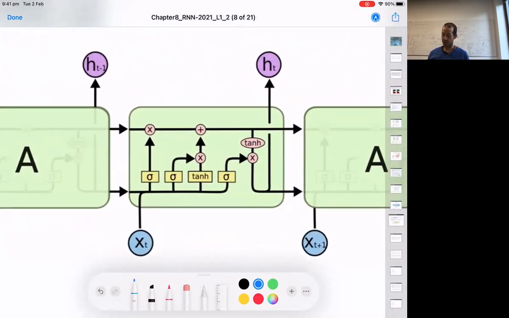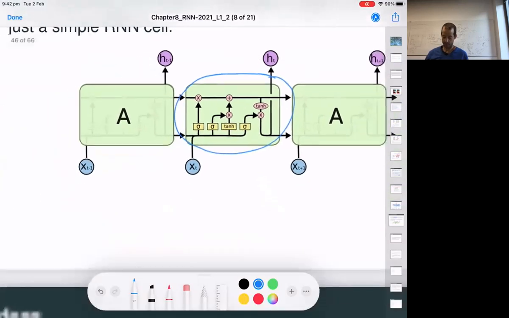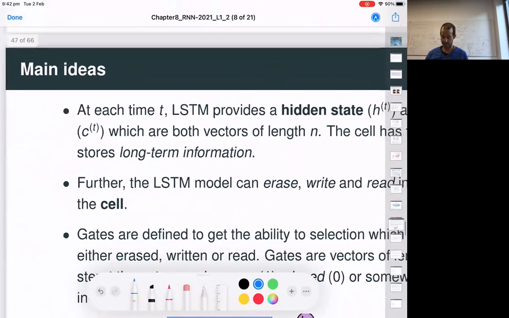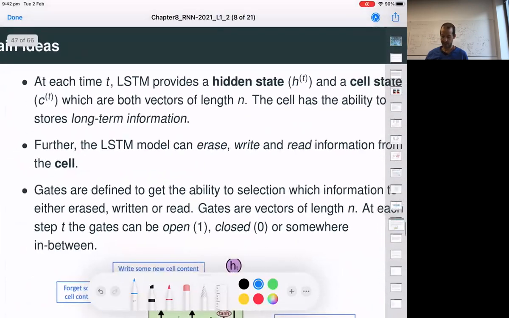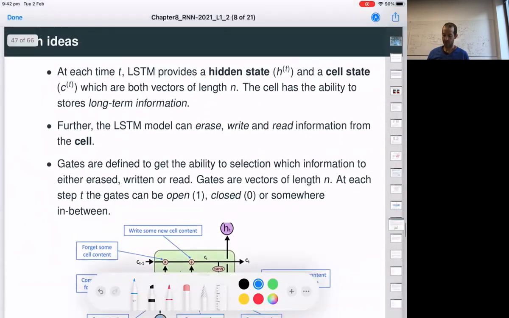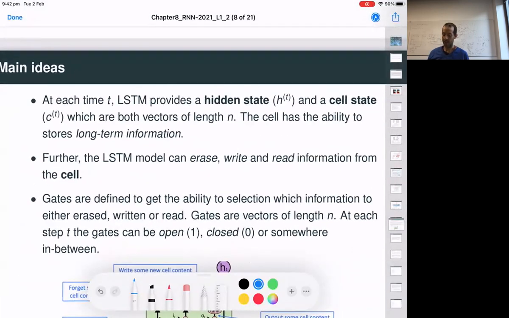So I will explain a little bit more about this part. The main idea is that at each time step, the long short-term memory provides a hidden state and a cell state.